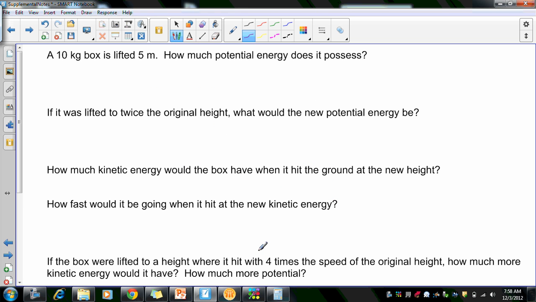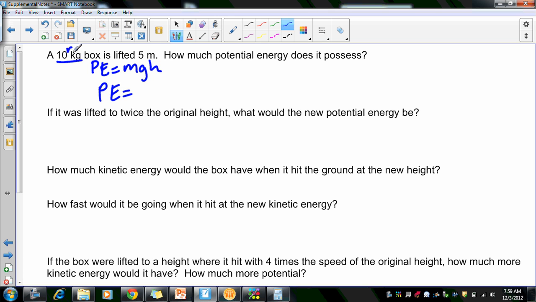All right, so one more example using all of this combination of conservation of energy. A 10 kilogram box is lifted 5 meters. How much potential energy does it possess? So for this, we'll need our potential energy equation. So mgh. So potential energy equal to mass.